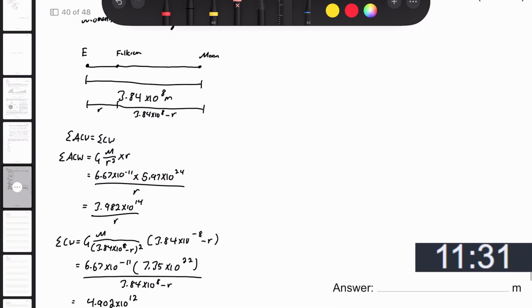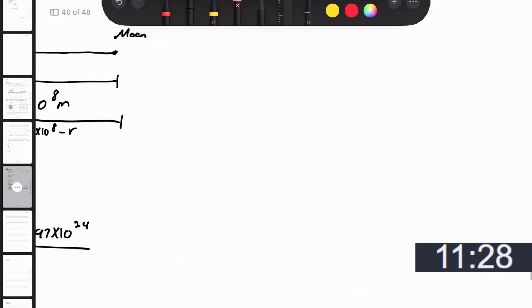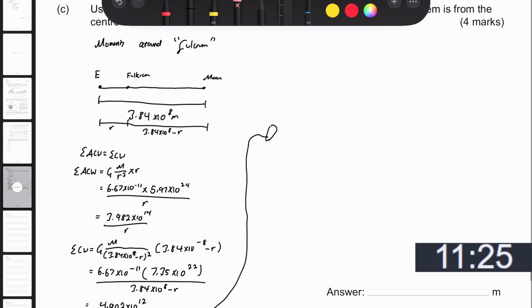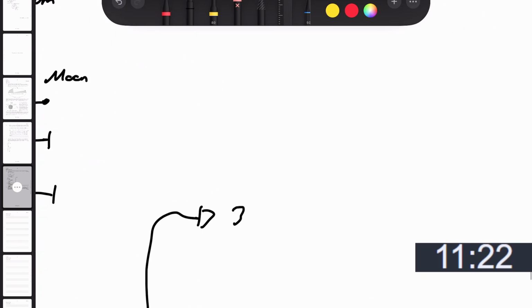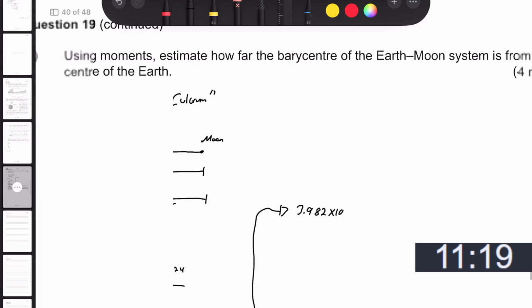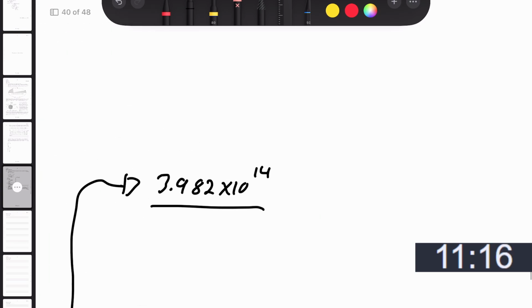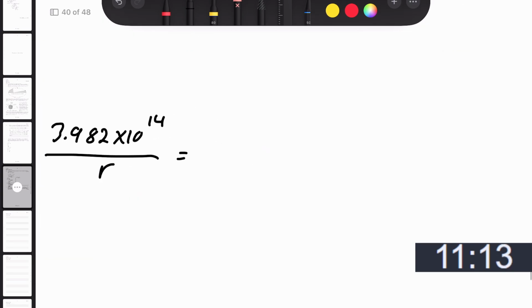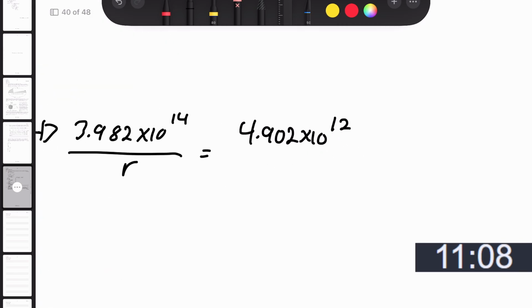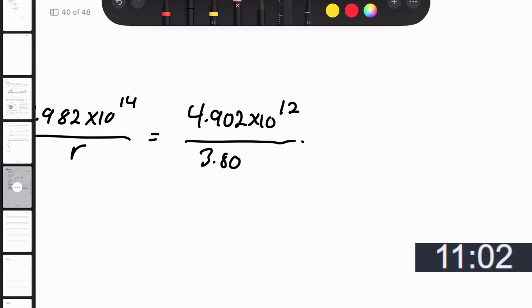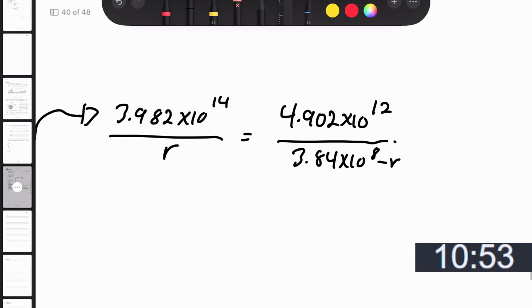So now we have 3.982 times 10 to the 14 over R is equal to 4.902 times 10 to the 12 over 3.84 times 10 to the 8 minus R. So how am I going to solve this?